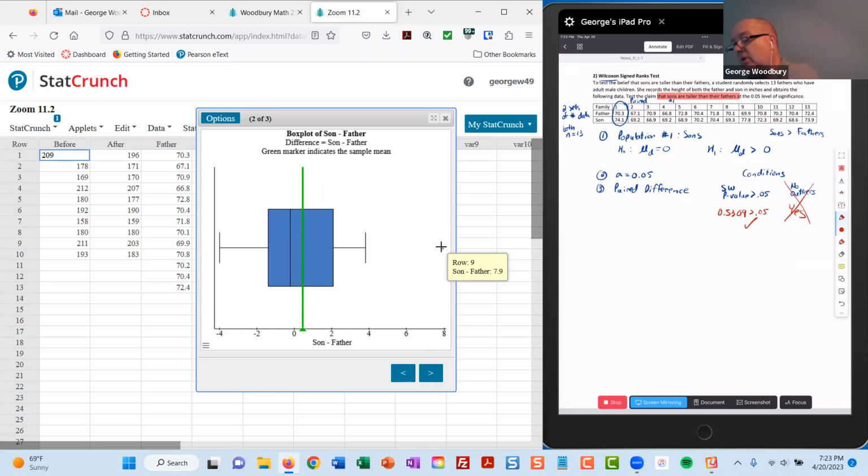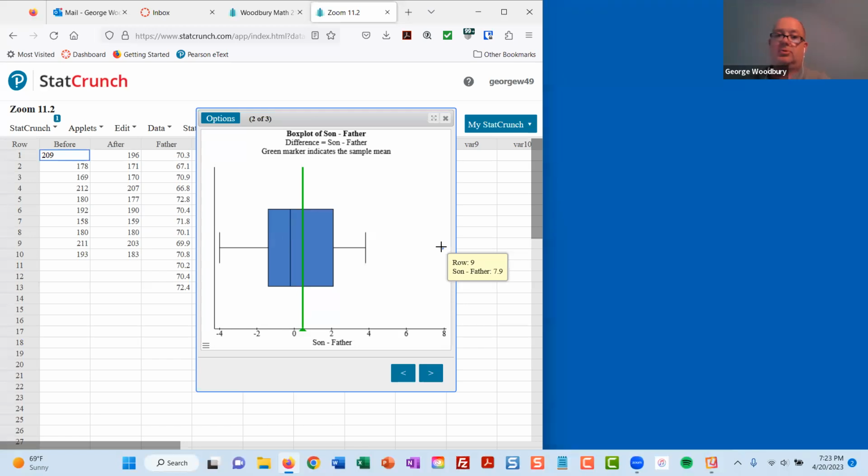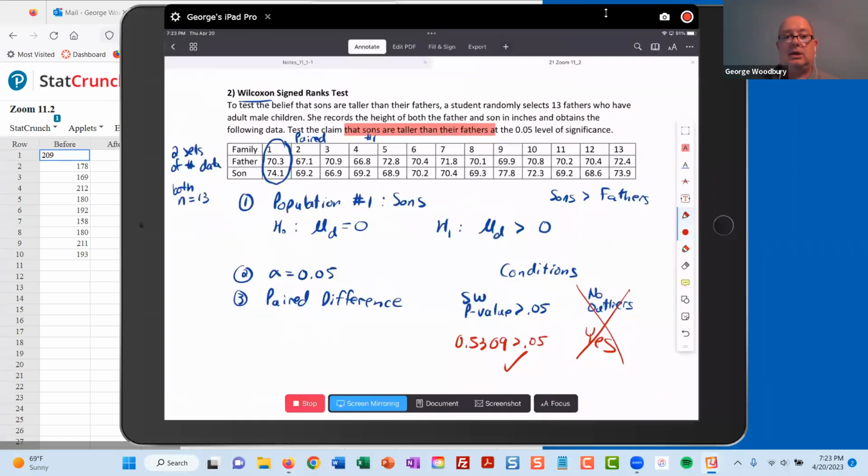And so what that tells us, let me change the orientation here, put this up a little bit, is when we go back to H0, it's now going to be M D equals 0, M for median. Just like we did for the sign test. And that means for H1, it's going to be M D is greater than 0.